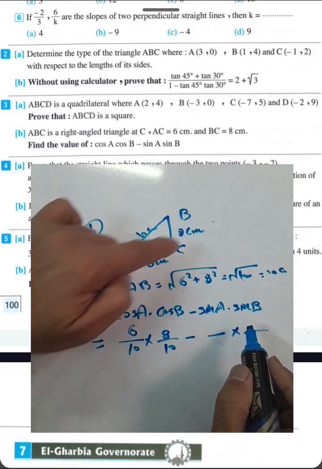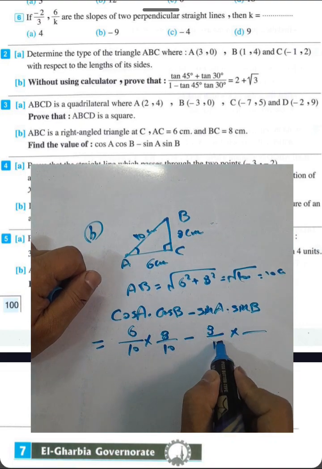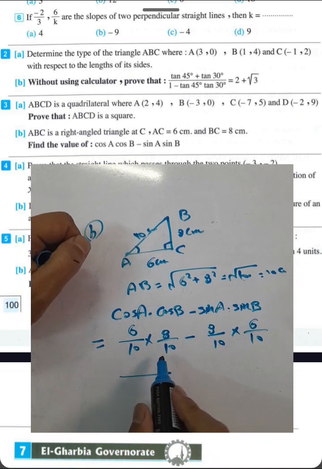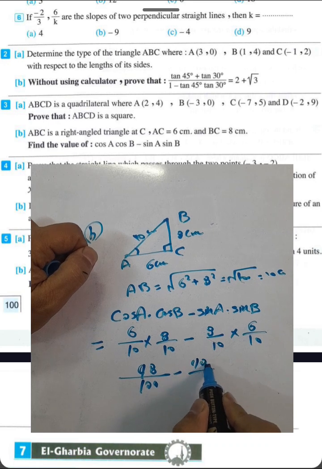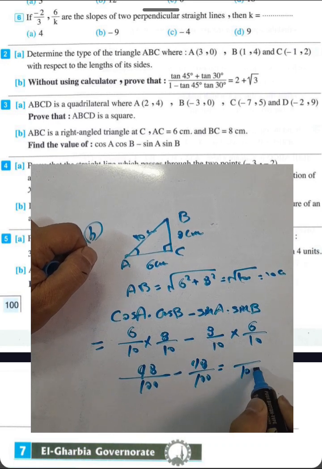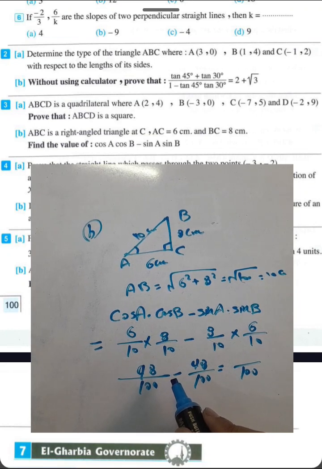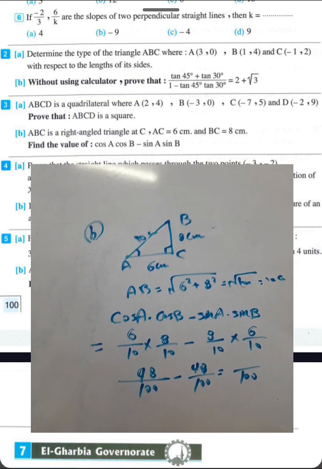Sine A is opposite over hypotenuse, 8 over 10, and sine B equals 6 over 10. 6 times 8 equals 48 over 100, subtracted by the same, the difference between them. The result will be 0.